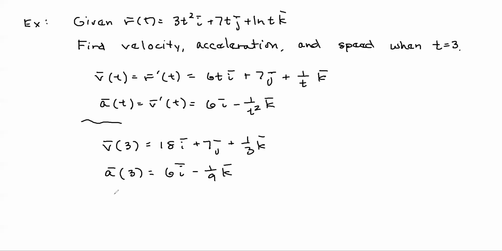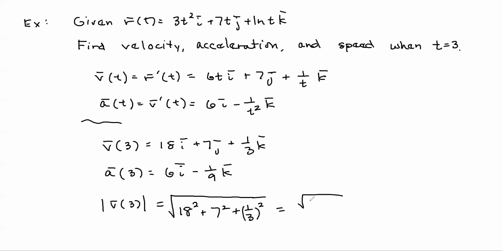And then to find the speed, we can just find the length of the velocity when t is 3. So you do the square root of 18 squared plus 7 squared plus 1/3 squared. And if you multiply that out and add it, you should get the square root of 3358 over 3.